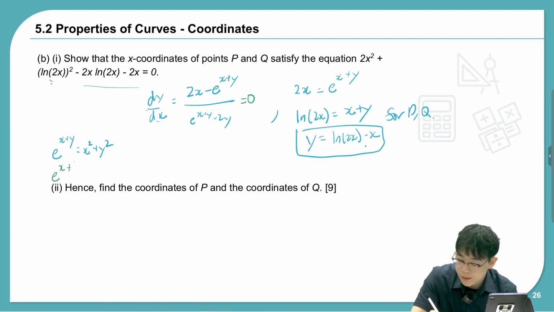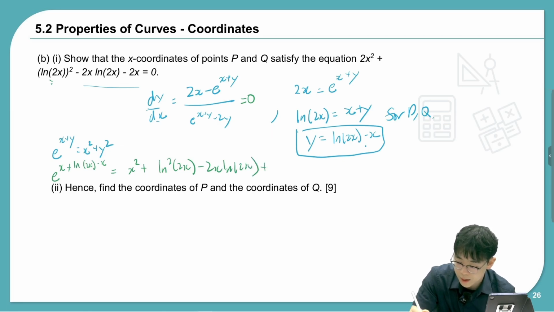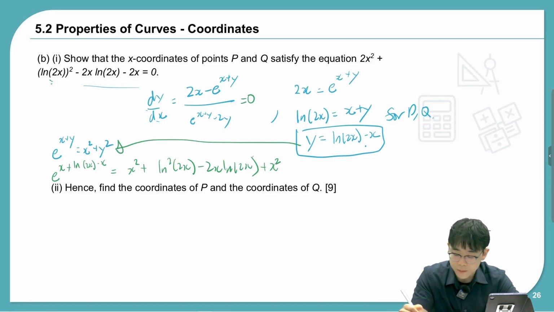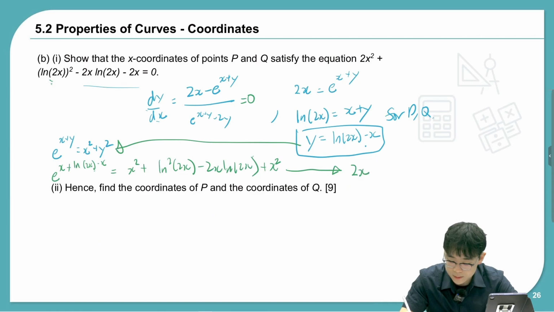So we have x plus ln of 2x minus x equals x squared plus ln squared 2x minus 2x times ln 2x, and then we get plus x squared, right? Or, yeah, so plus x squared. So we substitute this into the original formula, and what we end up getting would be something like e to the power of ln 2x, it's just 2x on the left.